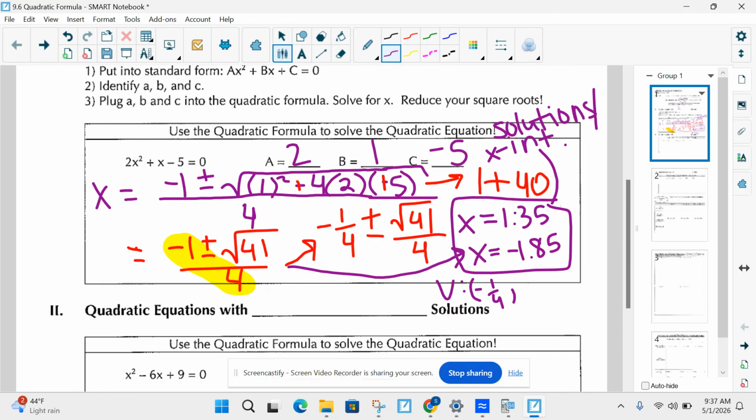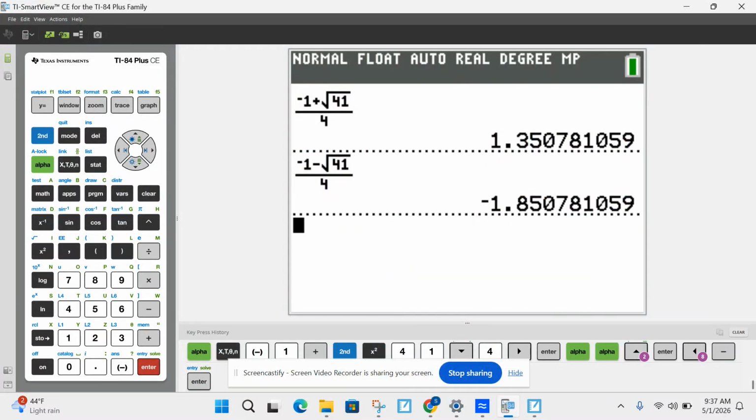Alex? Calculator, I got 0.6. Okay, you probably didn't put parentheses around your numerator. Oh. So you did one of the fatal errors of not putting parentheses around your numerator. So, not to call Alex out, but so that you don't make the same mistake.